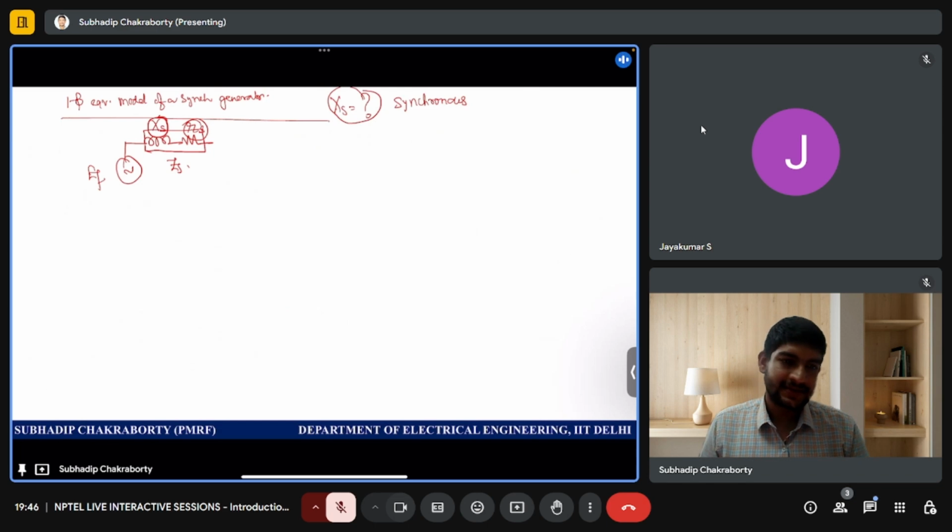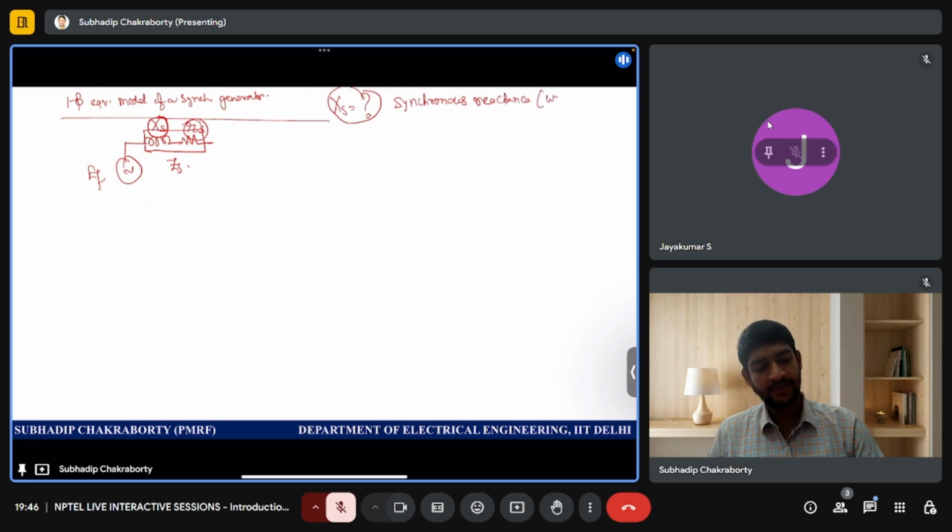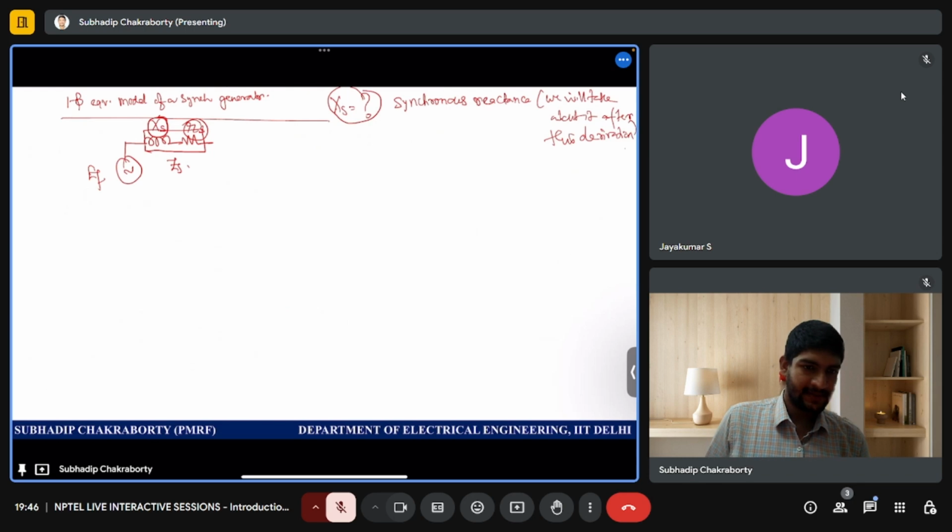Why does it come? We will see. It has two components also. So this synchronous reactance, we will talk about it after this derivation. But let's say that the coil has some inductance, which we call the synchronous reactance, right?